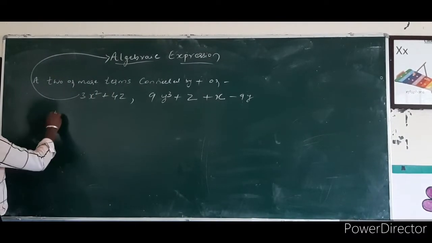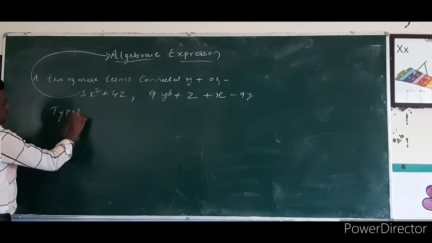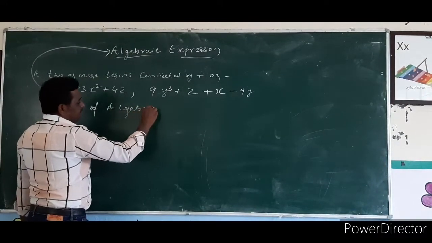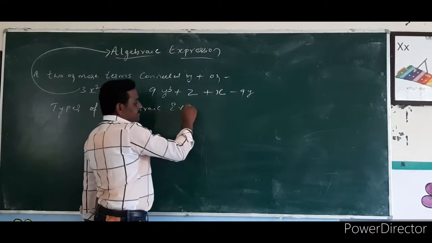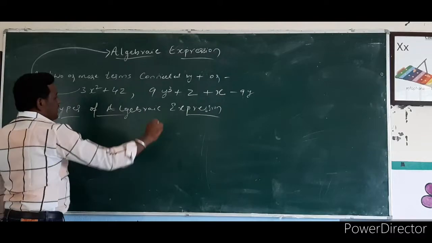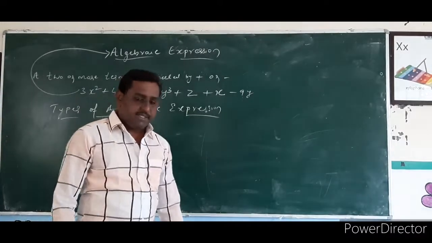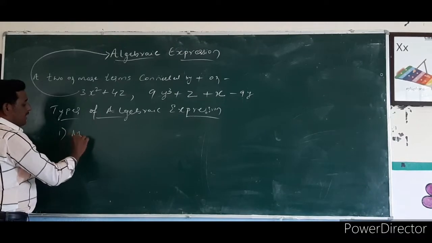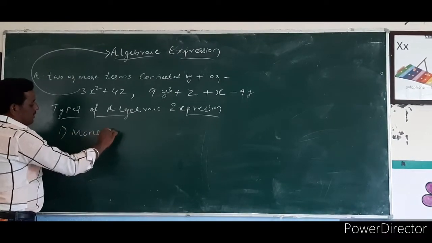Next, types of algebraic expression. What are the types of algebraic expression? First is monomial.